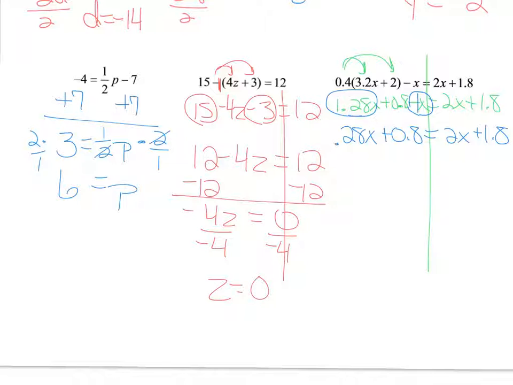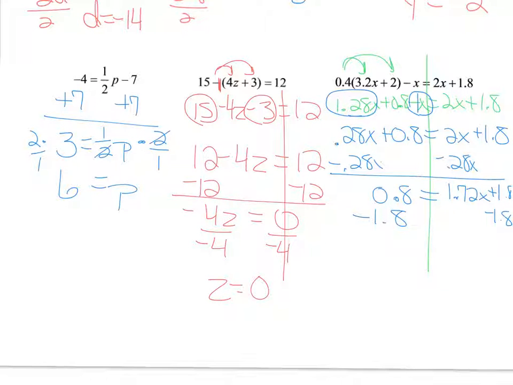Now, I'm down where I can move my smallest variable, so I'm going to subtract 0.28x from both sides. I get 0.8 equals 2 minus 0.28, I'm using a calculator, is 1.72x plus 1.8. Now it's a two-step equation.